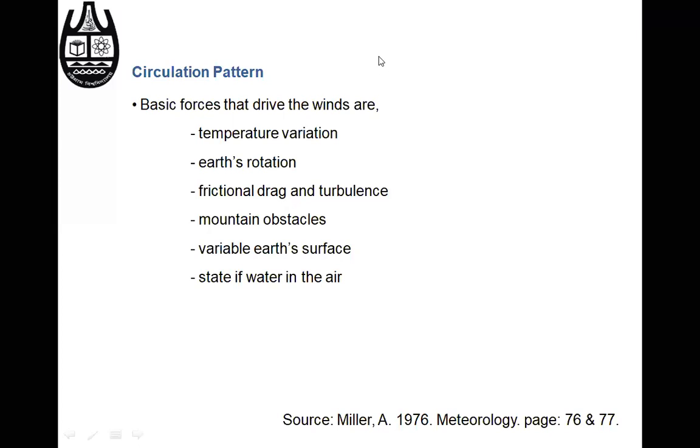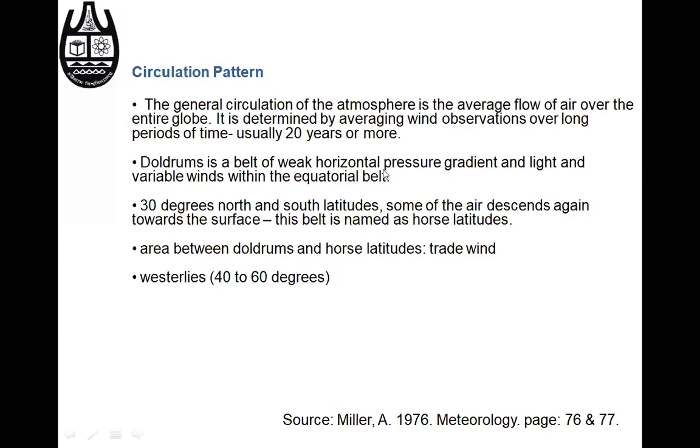Wind movement and air movement is also the same, but wind can move by these types of forces. Now we come to discuss the circulation pattern of this wind, or we can say the pattern of how we can see it as a whole of the world.